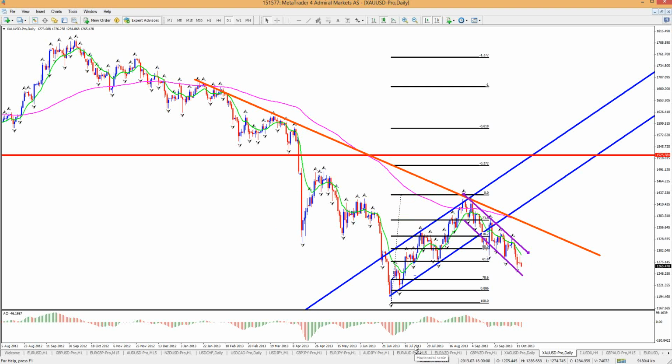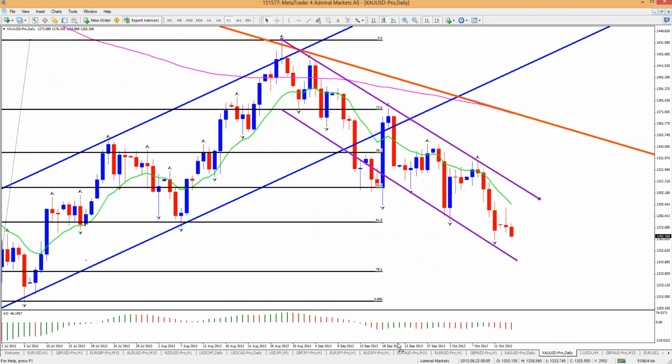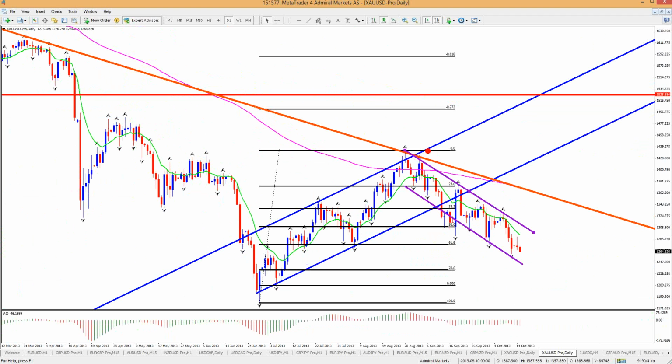We're back in a downtrend, making lower lows and lower highs on the daily chart. That's just a fact, it's not an opinion. We're making lower lows and lower highs on a weekly and daily basis.